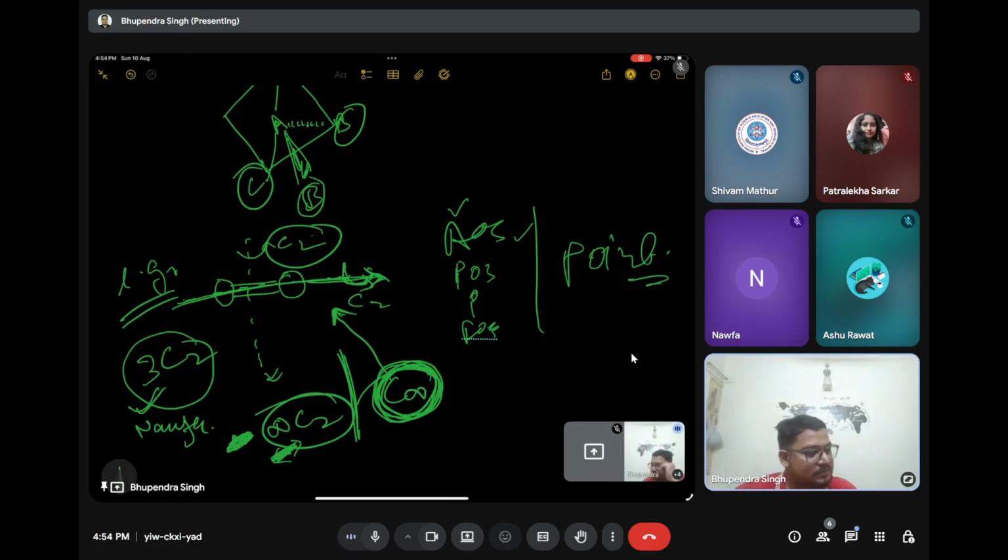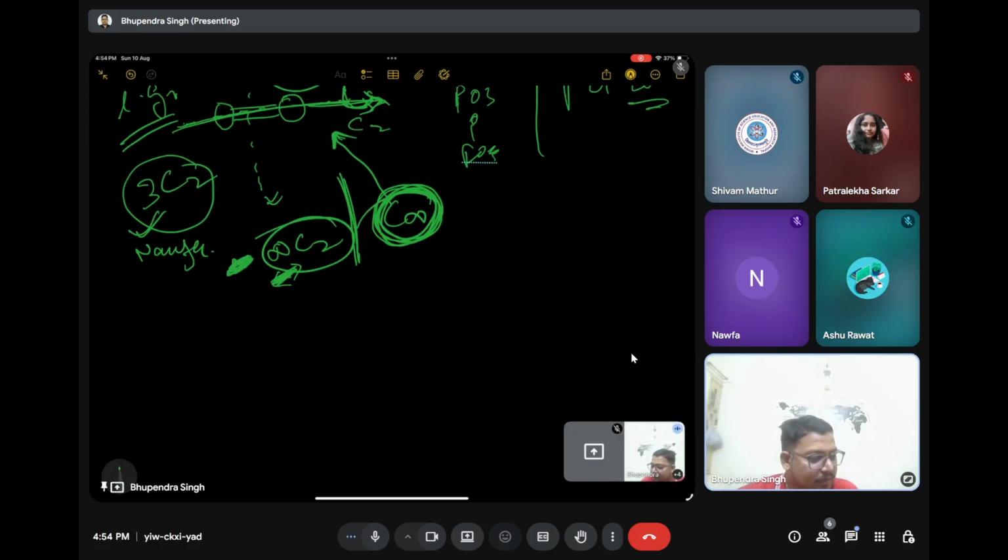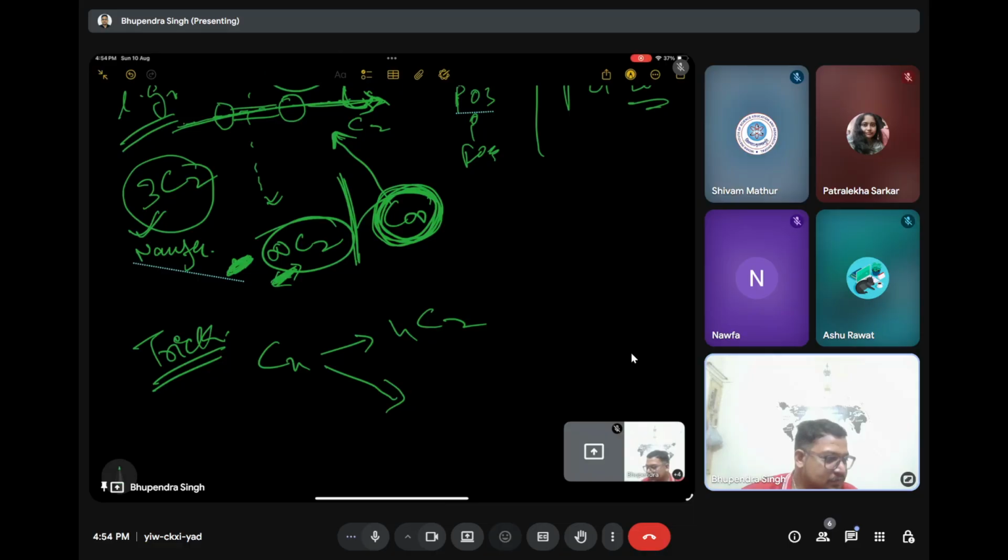Yeah, no, yes. Okay. In the starting, I told you, if your principal axis is Cn, and if you are able to find any C2, then there are n number of C2s present. Otherwise, no C2s are present.